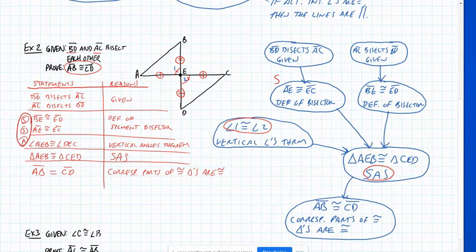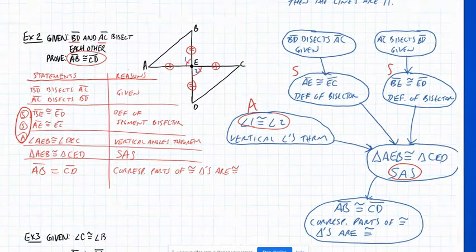So here's our pair of matching sides, and here's our pair of matching angles, and that gives you SAS. And then once the triangles are congruent, then we can say the corresponding parts are congruent. Okay, so there's 2 different versions of that proof.